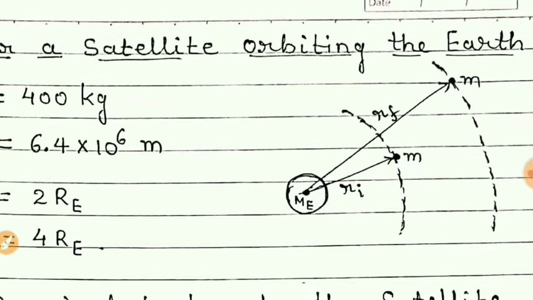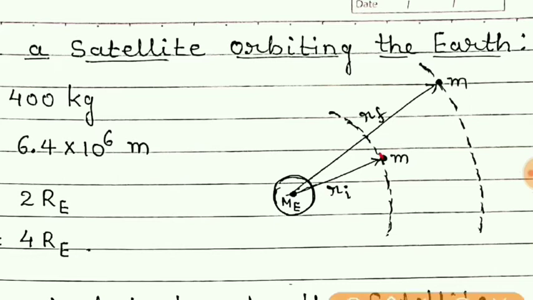And then this satellite is sent to a new orbit, which is at a distance Rf from the center of the earth. So now this is the new orbit of this satellite, and this is the initial orbit.